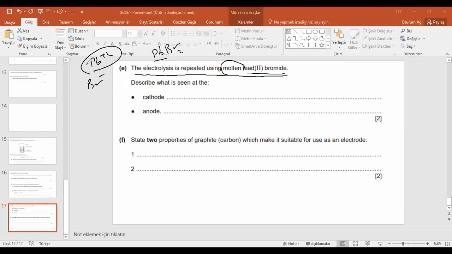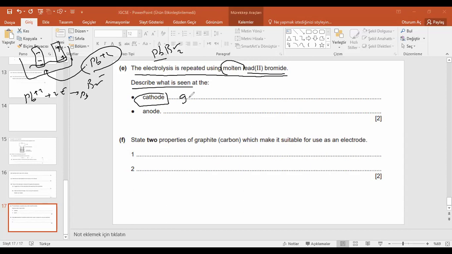So Pb2+ will be attracted to the cathode, where it gains 2 electrons and gives me Pb. So what's seen on the cathode? We're going to see a gray solid.